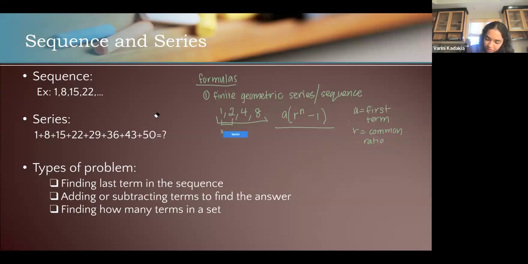So if you multiply by 2, this would be our r. Does that make sense to everyone? Okay, let's continue with the formula. It'd be all over 1 minus r.